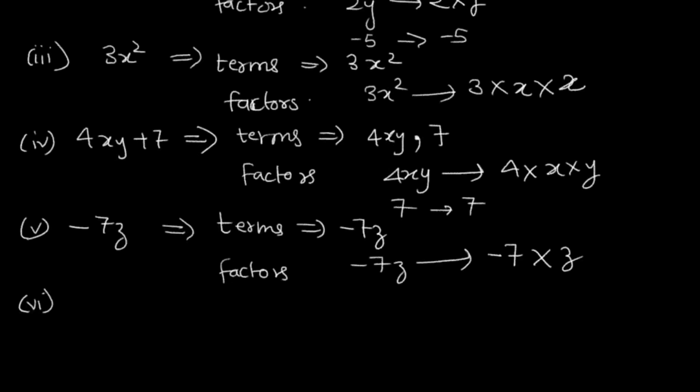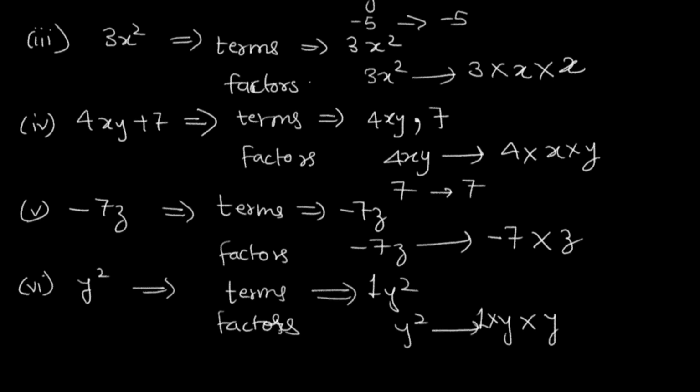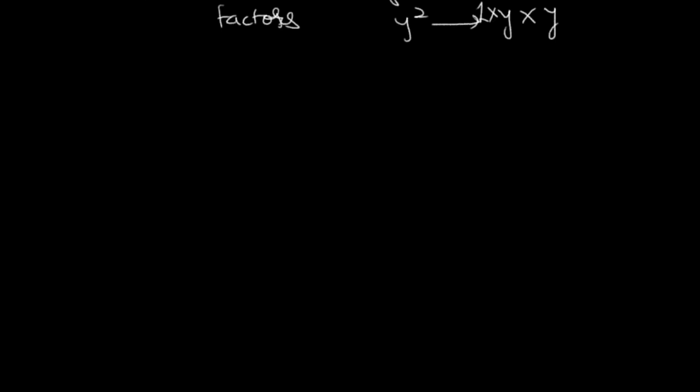That's y square. Here also we can see only one term, y square, and the factors are y into y. You can also write it as 1 into y into y, because where there is no number written, we can assume 1 multiplied there.